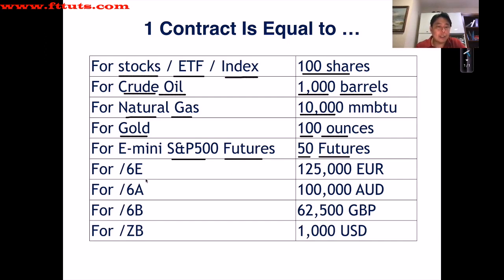And for currencies like 6E, that's euro, 6A, that's Aussie dollar, 6B, that's British pound, ZB, that's US dollar, you can see that for one contract, that's 125,000 euros, 100,000 Aussies, 62,500 pounds, and 1,000 US dollars. So one contract size is pretty different for different instruments. So again, as we go into the strategy section, we will repeat that. So no worries about that.